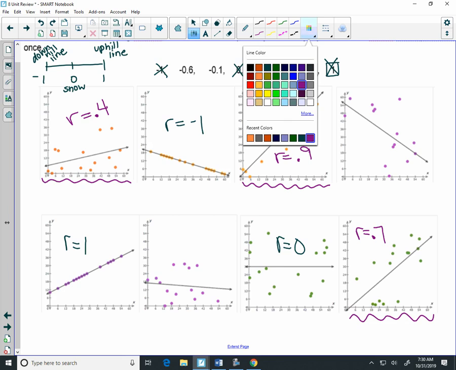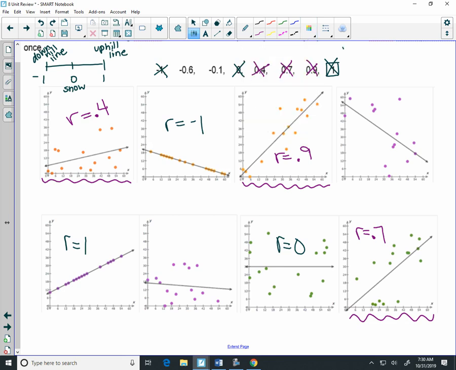We have 2 downhill lines that we're working with now. The downhill line that I think is the most closely clustered together, these are really close, I think is this last one right here. So that would be our -0.6, that's closer to -1. Those are closer to a line.